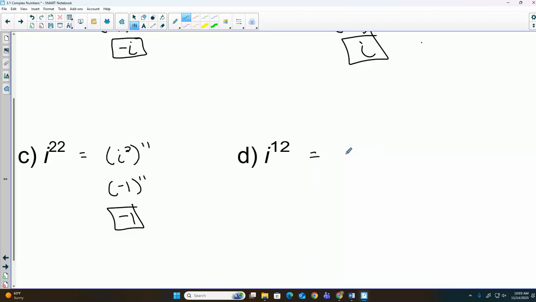If I said i to the 12th, how many groups of 2 can we make? 6. And there's none left over because 2 times 6 is 12, so i squared is negative 1 to the 6th. The negative to an even power is positive 1. All right. Any questions there?